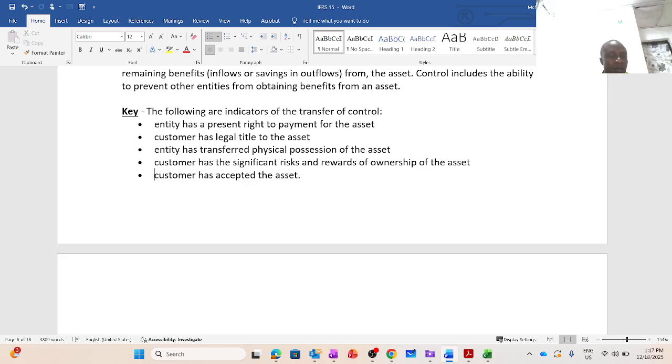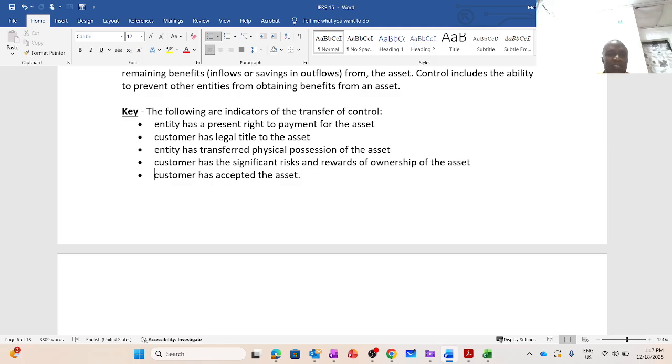So now, the key is we need to understand the indicators as to whether control has been transferred to the customer. First condition, the entity has the present right to payment for that asset. Based on the contract aspect, stage one under IFRS 15, there should be a contract. And according to the contract, the payment terms should be clearly stated: the amount we are going to pay, the currency we are going to pay, the date we are going to make the payment.